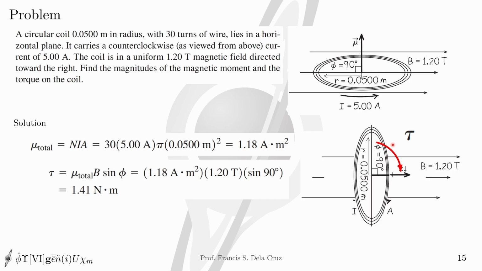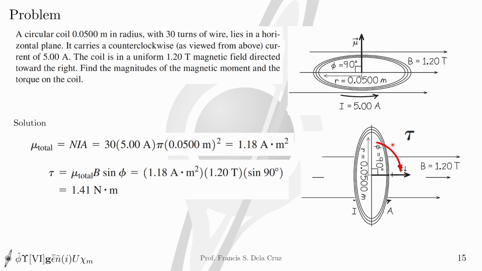Take note that if the magnetic moment is opposite in the direction of the magnetic field, it is unstable equilibrium. It means that a small perturbation, or a small nudge, to the coil will bring that coil back parallel to the magnetic field.